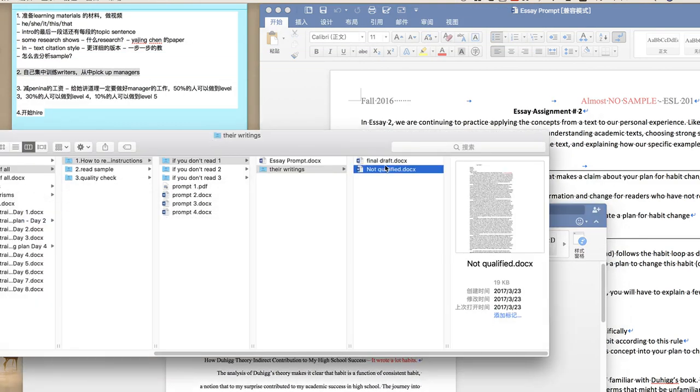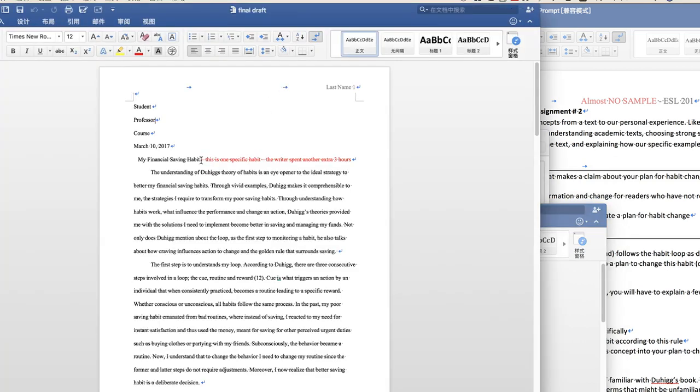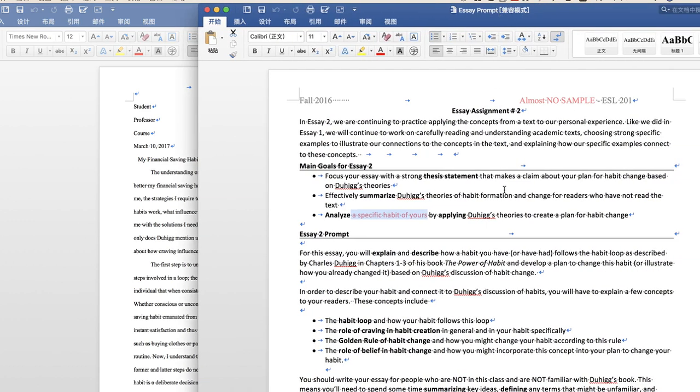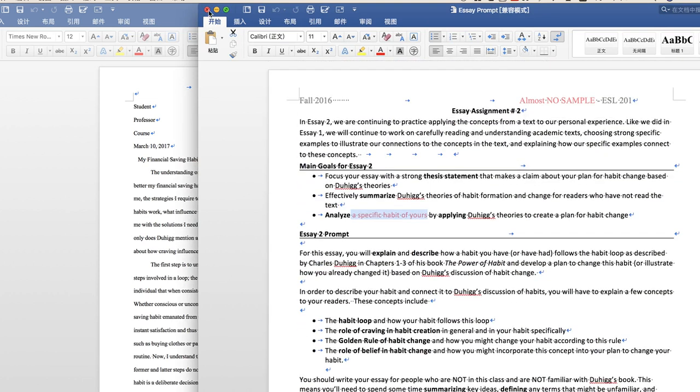Let us open the final draft of the essay. This is one specific habit, and what I want to tell you is the writer spent another extra 3 or 4 or 5 hours to revise because the writer didn't read these words before his writing. So you need to be very careful about the instruction before your official writing, all right?